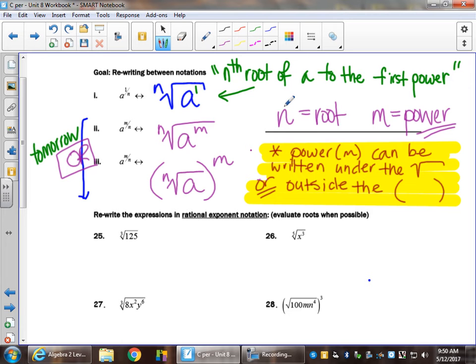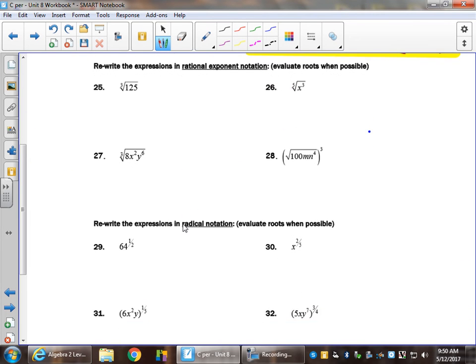So we have 4 to practice. It says rewrite the expression in rational exponent notation. Rational exponent just means fraction exponent.